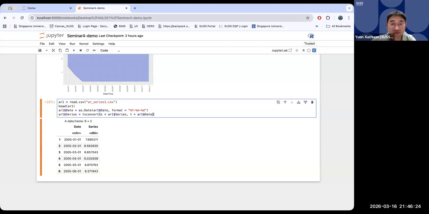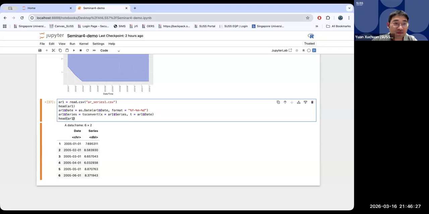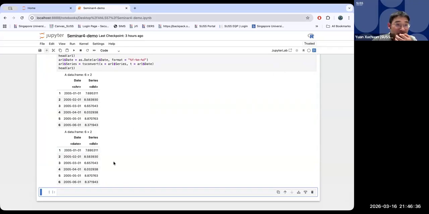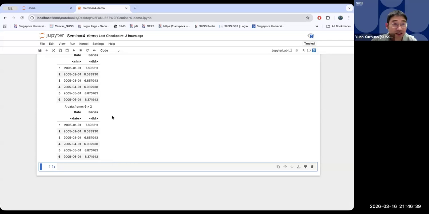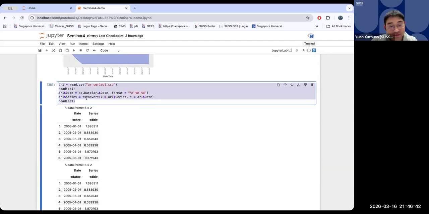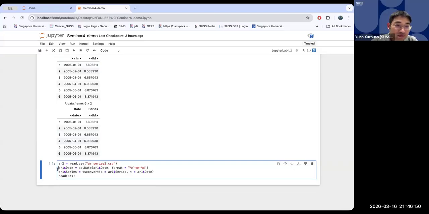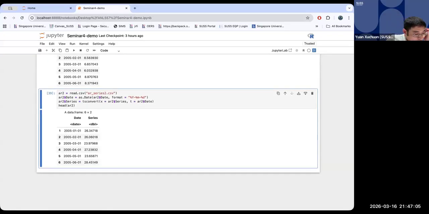Yeah, so this is the time series we will have. Similarly AR2, the other time series we import. Okay, these are the two data sets we import into R.